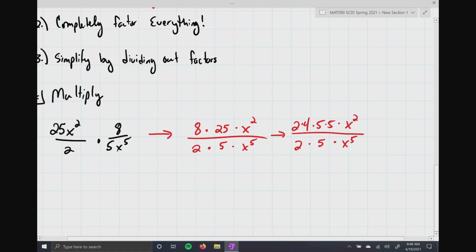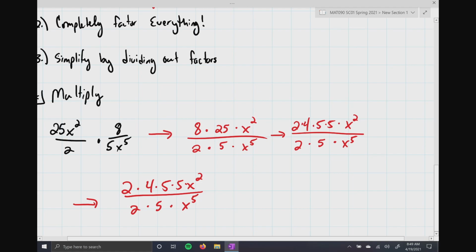Nothing happens there. Now, all I'm doing is rewriting the problem. And that's because I'm going to look for terms that are the same in the numerator and denominator and just divide them out. Everybody watch the screen so you don't miss something.